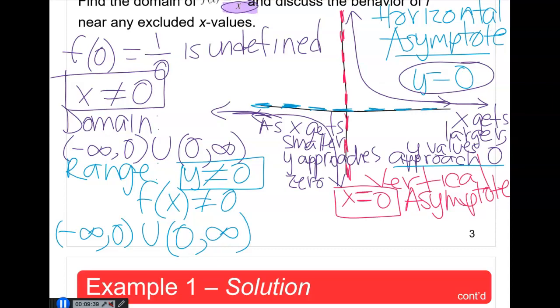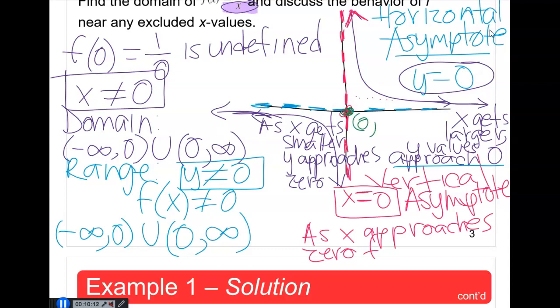As our x value of the graph gets closer to 0, as x approaches 0, remember the origin is that point with the coordinates 0, 0.